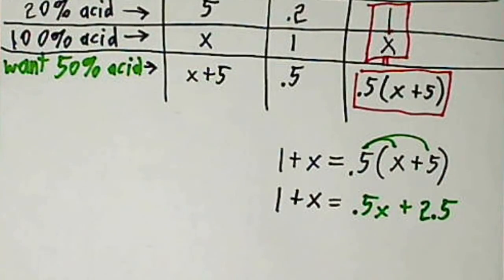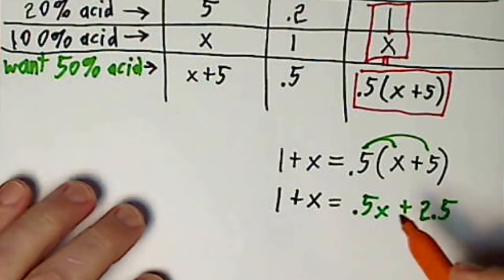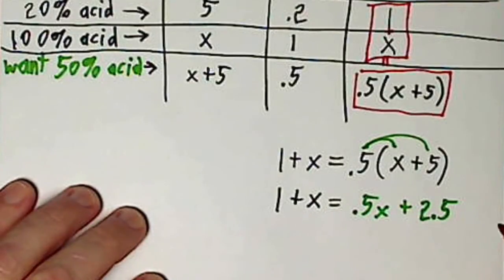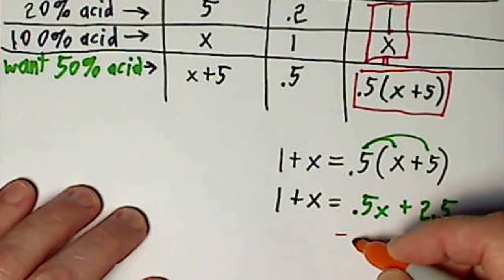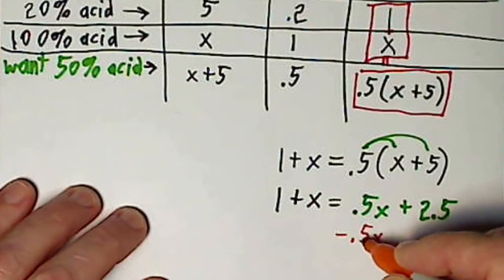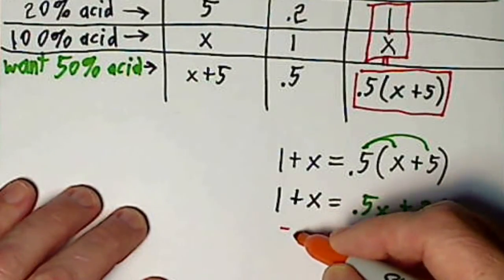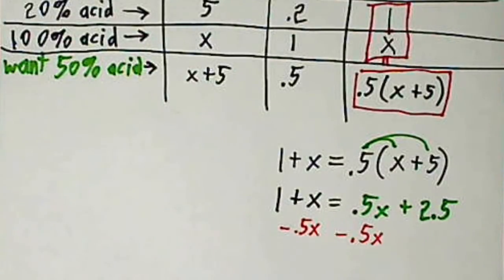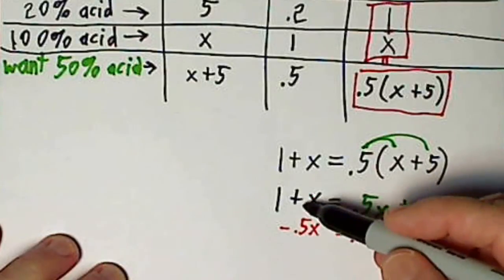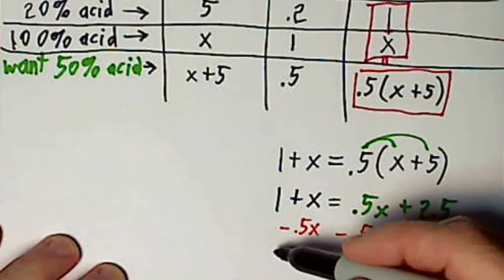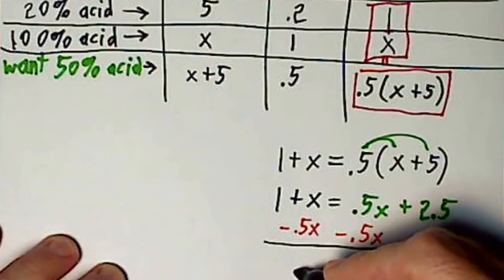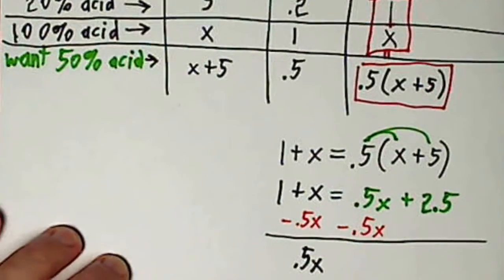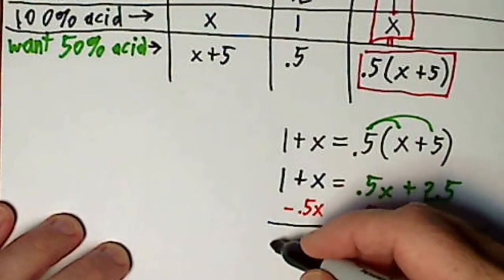And if I get rid of half an x, I'll end up with a positive half of an x. So I'm going to subtract 5/10 x. 5/10 is the same as 1/2. And I think you understand, if I have 1x and I subtract half of that, I'll end up with 0.5x.